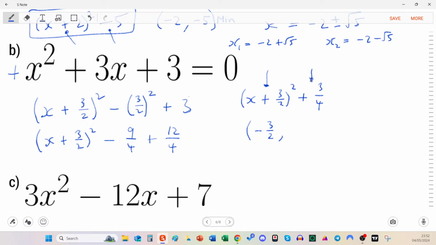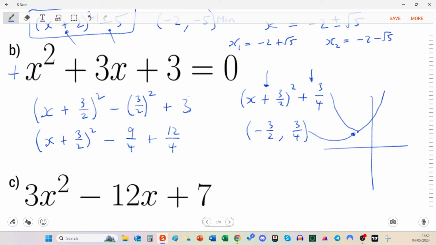And then on the outside, just as it is for the y coordinate. Negative 1.5, positive 3 quarters, there we go. It's up there. So this is the coordinate of the absolute minimum point of this graph.